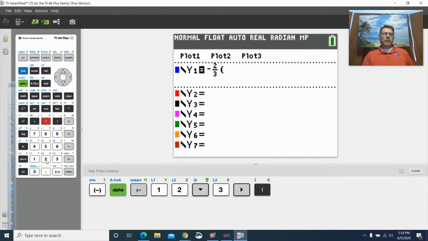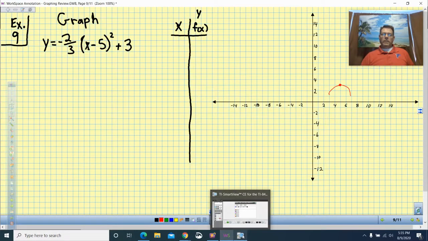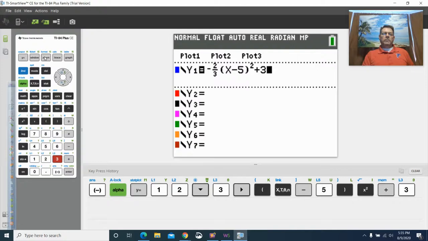So we got open, x next to the alpha key, minus 5, close. And this time I can just come over here, catty corner to the 7, and hit the x squared. So it's actually got a square. Now cubes and other things, you got to use your little caret rooftop thing. And then I believe the next piece was +3. Let me double check that. Yes, it was.